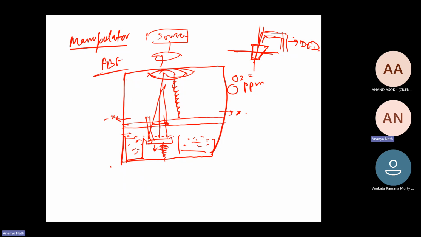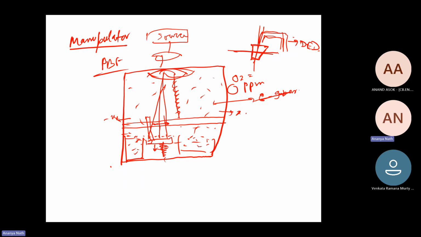Here in PBF, while printing, the whole chamber will be filled with argon gas and the pressure will be maintained. It can be 6 to 9 bar or millibar, I don't remember the exact value. The oxygen will not be present, so it can be 0 ppm. The other gases will not be present, so it will be only argon at constant pressure.